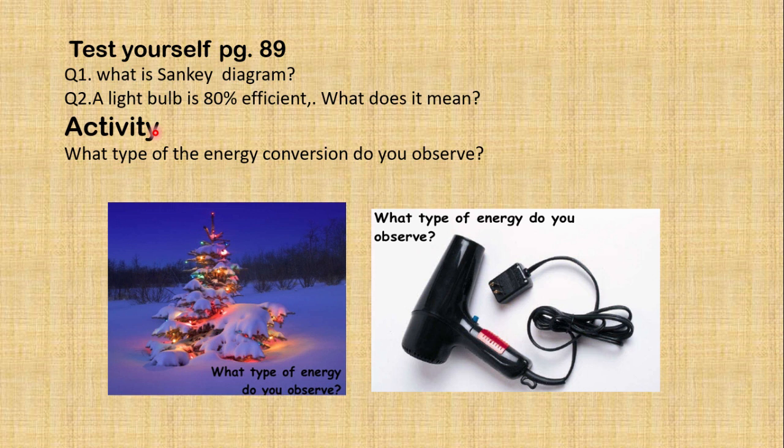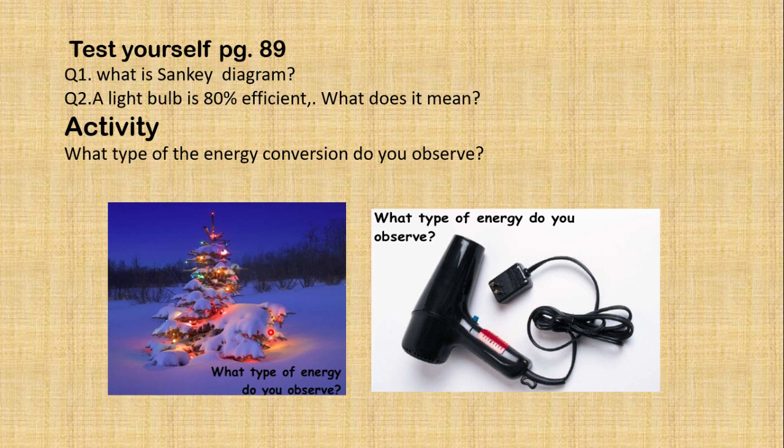There is an assignment or activity for you. You have to observe the given pictures and identify what type of energy conversions take place in all of these, and write down your answer and submit it. The first picture is showing the lights.